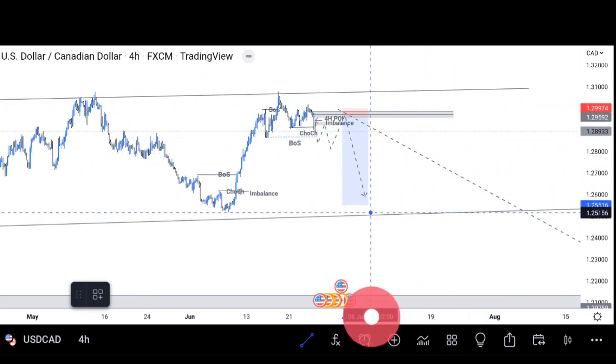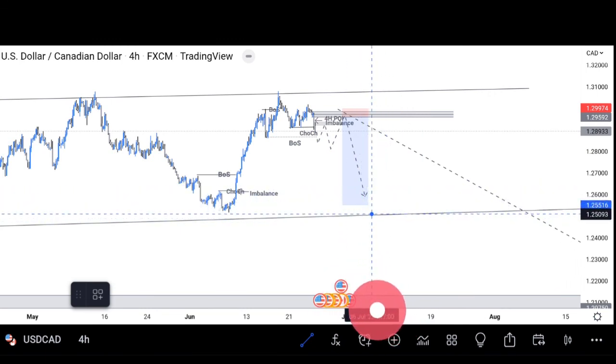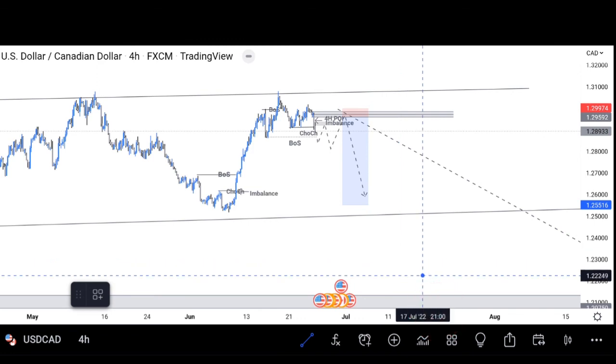But if it fails, then the price will break when this support fails to hold. The price will be heading to our daily and our weekly demand zone.